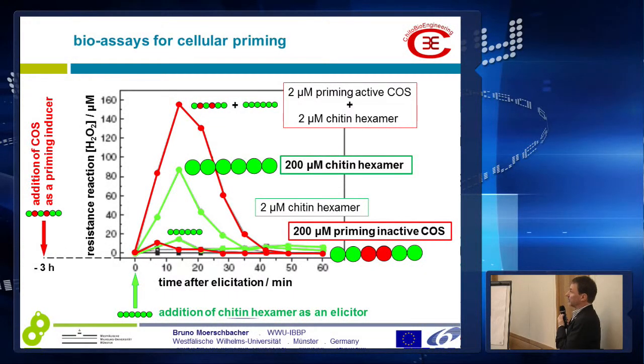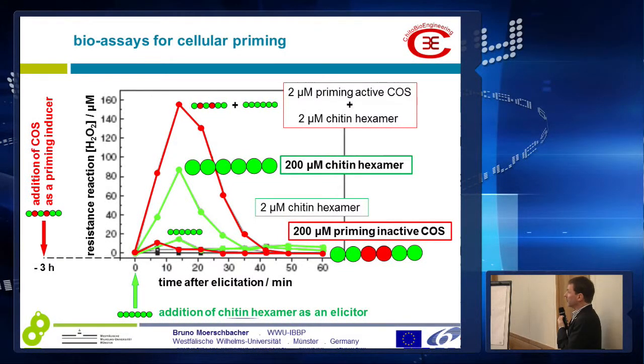So the pre-treatment of these cells with low amounts of the chitosan oligomer put the cells into a state of alert so that they are able to see very low amounts of the elicitor, the molecule indicating the presence of a pathogen, so that a very strong resistance reaction can be mounted.